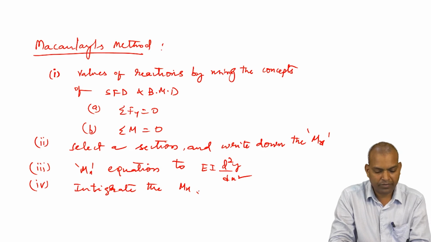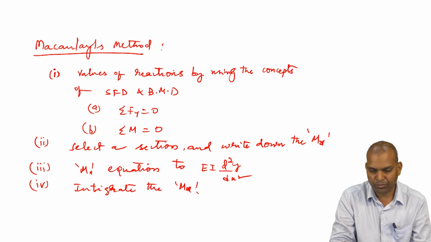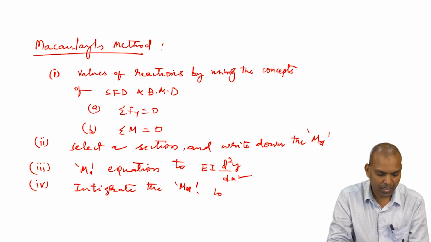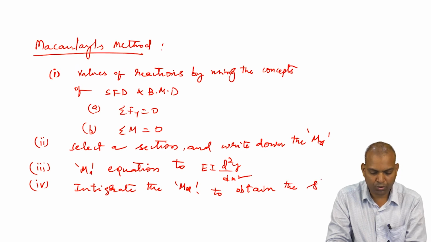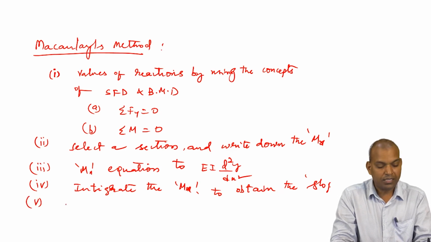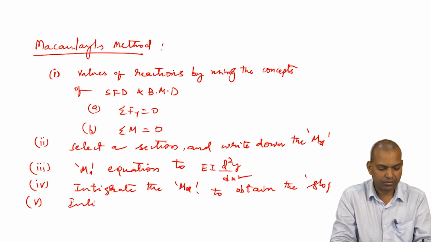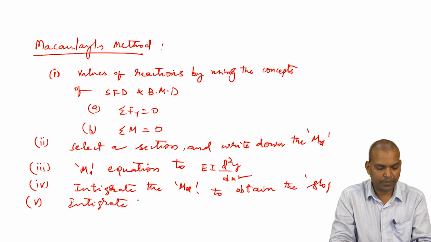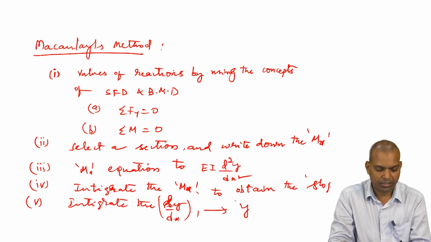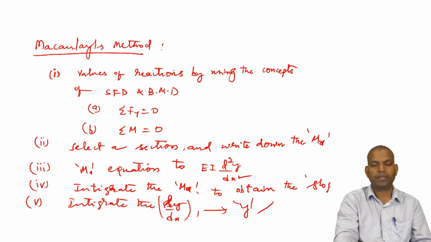Integrate the bending moment equation Mx to obtain the slope equation. Next, the fifth step is to integrate the slope equation, that is the dy by dx equation. Then what will be obtained here? The deflection equation will be obtained.